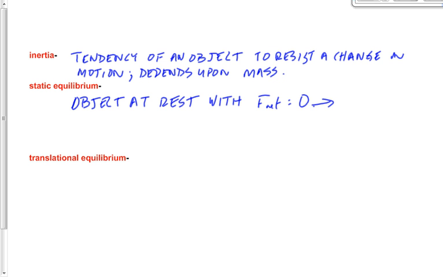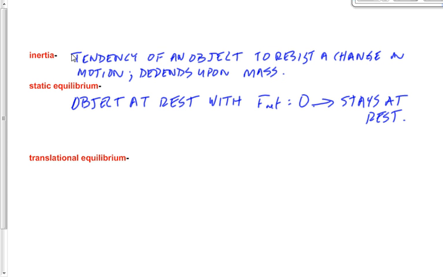If the net force is 0, if there's no unbalanced force and it's at rest, we know by inertia that it wants to keep doing what it's doing. So what does it do? It's going to stay at rest, because it's got inertia. Inertia keeps it doing what it's doing. It's at rest. Stays at rest.